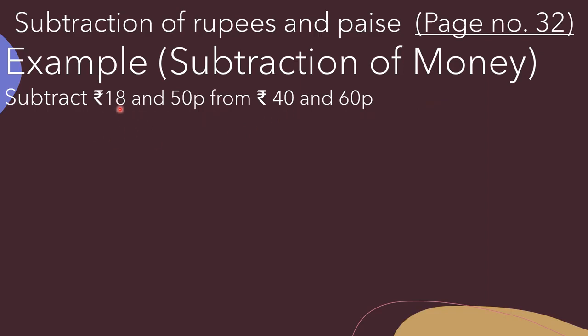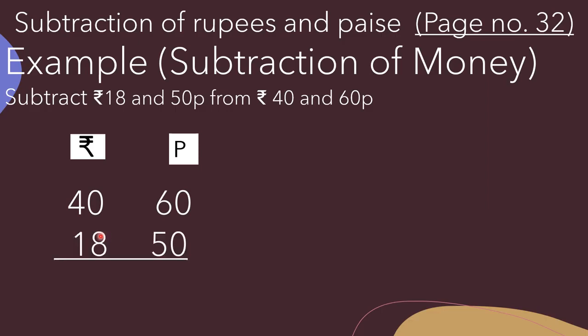One amount is rupees 18 and 50 paise, and the second amount is rupees 40 and 60 paise. So which amount is bigger? That is rupees 40 and 60 paise. So first we will write this amount, and after that we will subtract rupees 18 and 50 paise from it. So here we will write 40 rupees 60 paise and 18 rupees 50 paise. Now we have to subtract.